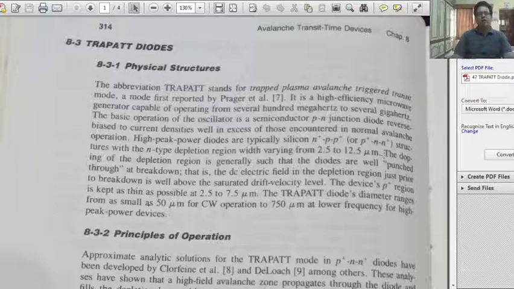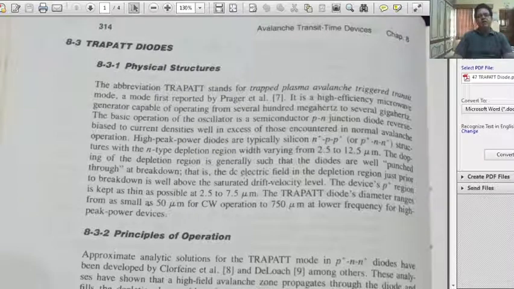The doping of the depletion region is generally such that diodes are well punched through at breakdown.